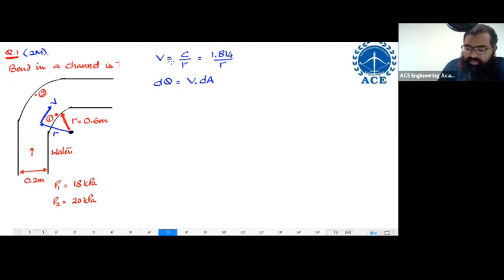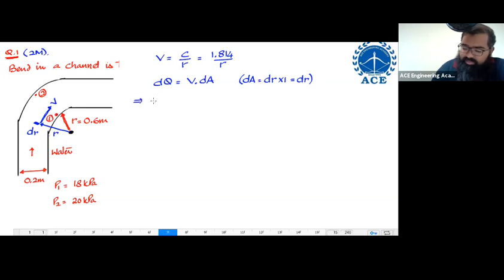Since my velocity is varying with respect to radius, I will take a very, very small thickness over here, call it as dr. And let us say this dr is having some width perpendicular to screen. I only want 1 unit width. So the value of dA over here is equal to dr multiplied by 1 unit width, that is equal to dr only.